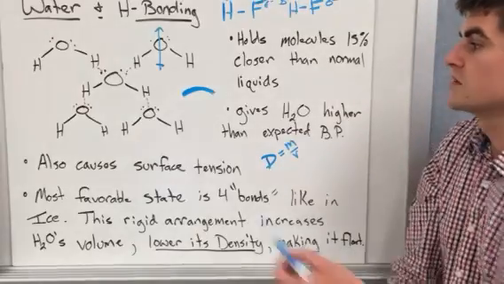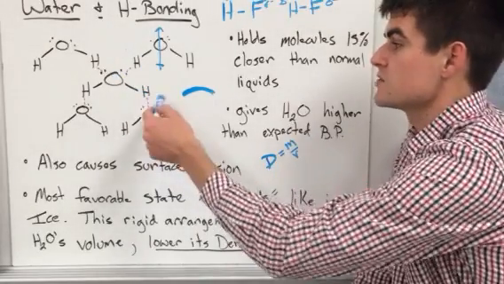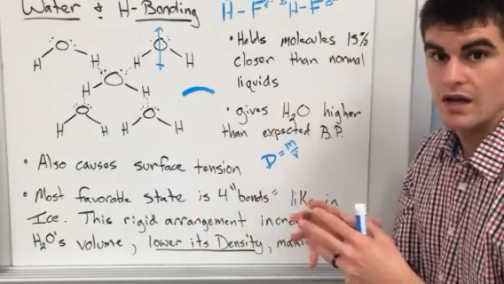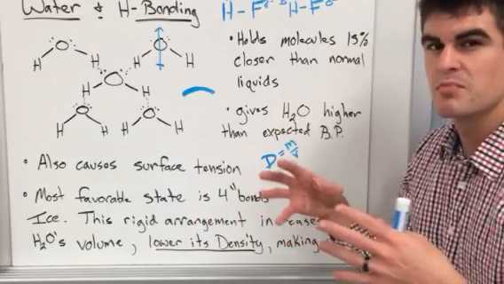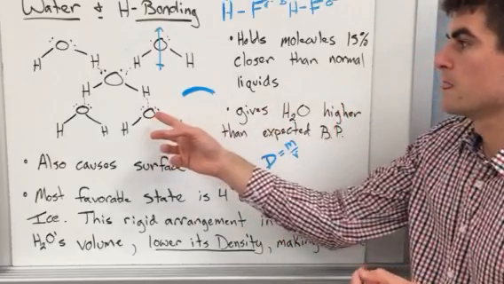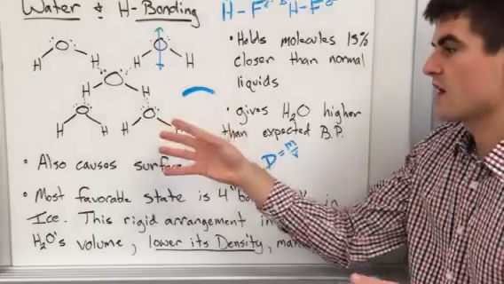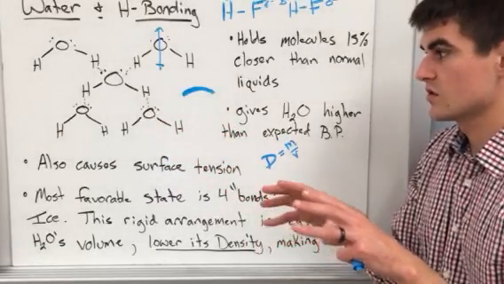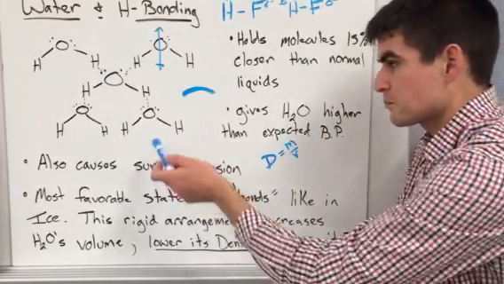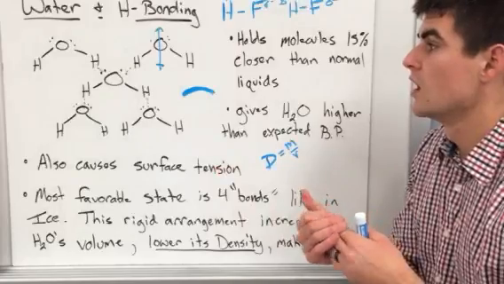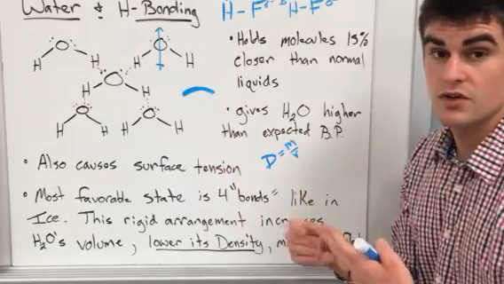Because of the arrangement, this actually causes the volume of these crystals to be bigger. I know we said it holds them closer, but it usually doesn't have 4, and now we get a very rigid pattern. So this causes them to fit this very specific crystal.